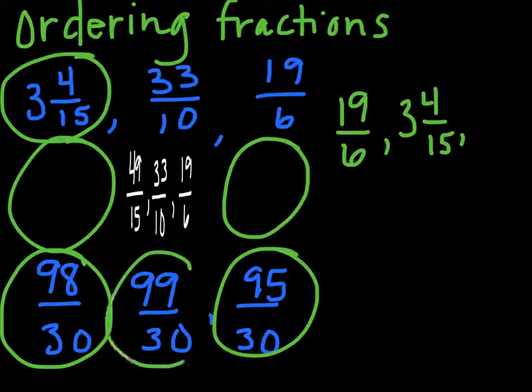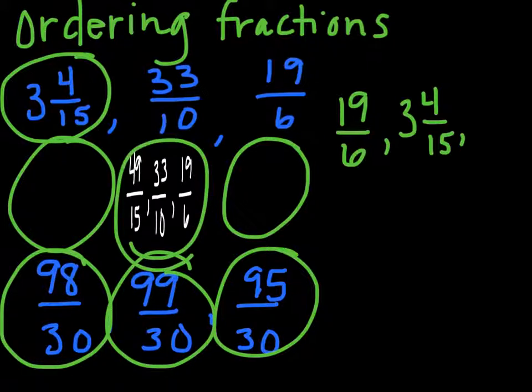And finally we have 99/30ths, which was equivalent to 33/10ths. And there are our three fractions in order. So from least to greatest, it's 19/6, next 3 4/15ths, and finally 33/10ths.